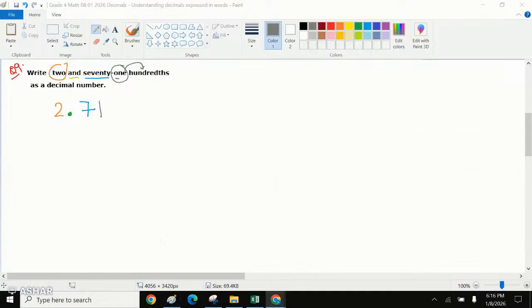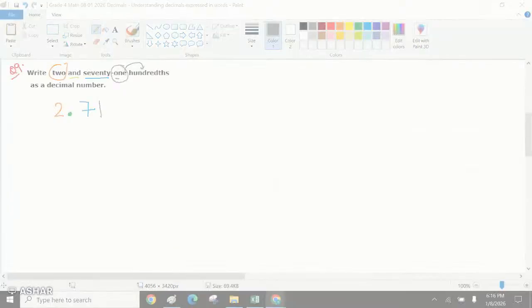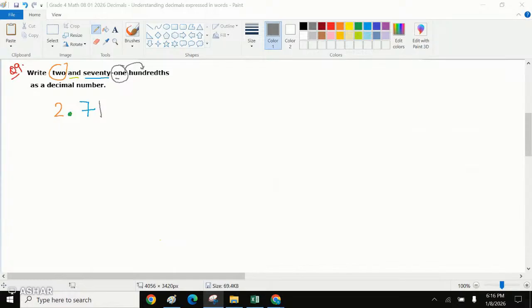Okay. Write 5 and 2 tenths as a decimal number. If question number 10 says this, we need to write this number as a decimal number. So how can we write this number as a decimal?